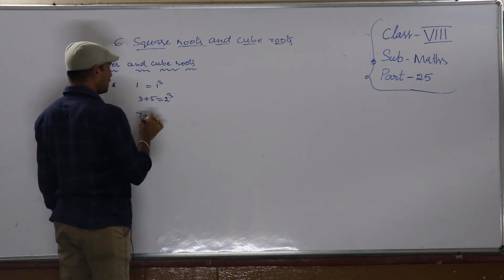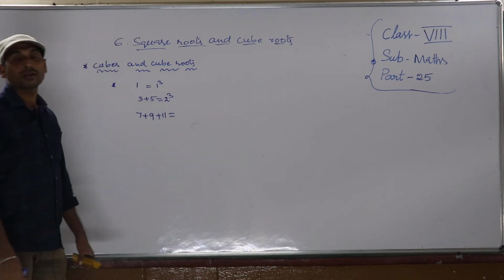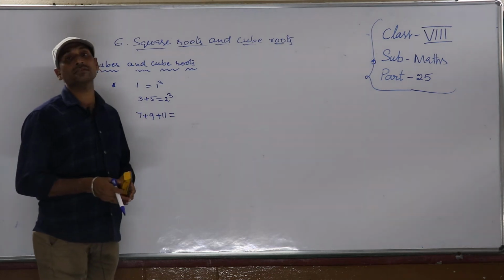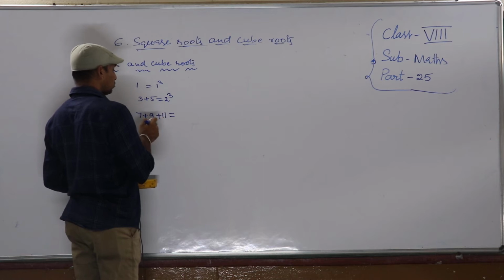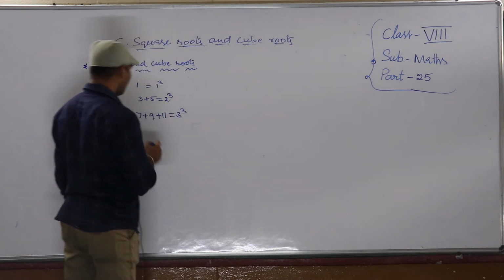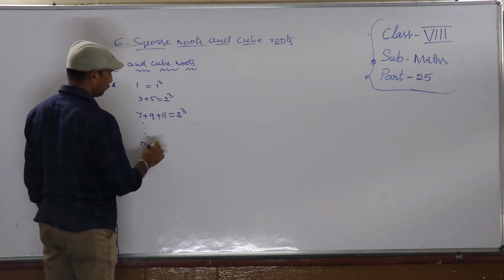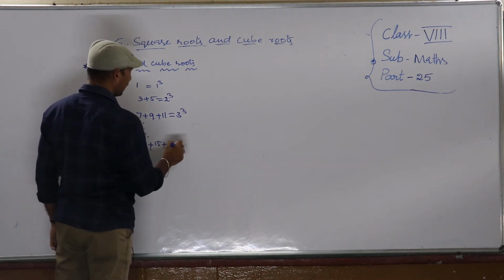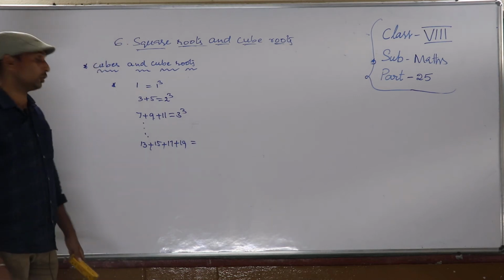Next 7 plus 9 plus 11, consecutive odd numbers we are adding, we get 27, means 3 cube. Similarly, we can write 13, 15, 17, 19. We will get 4 cube.